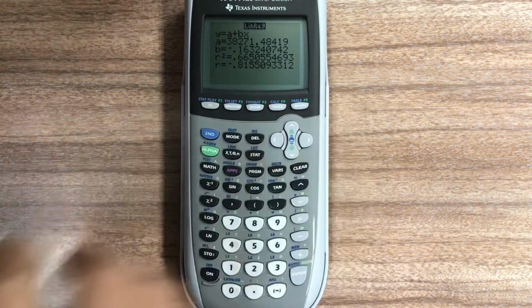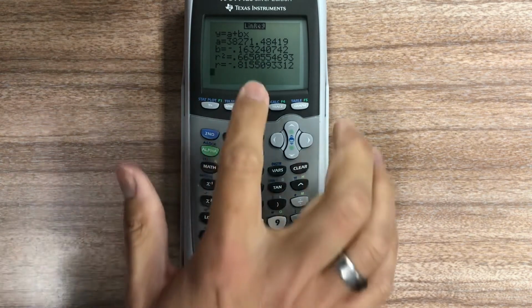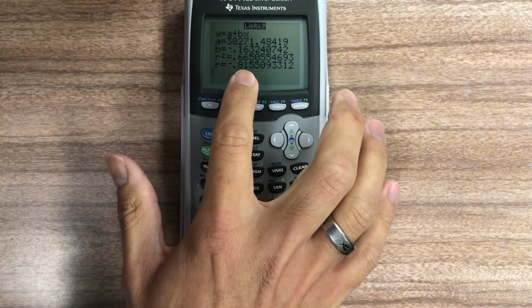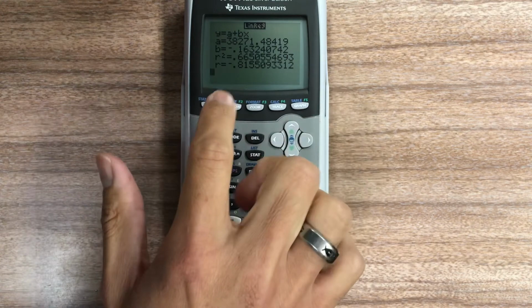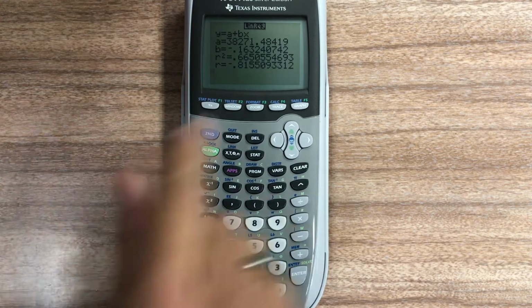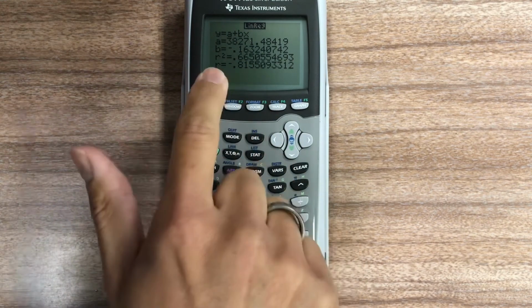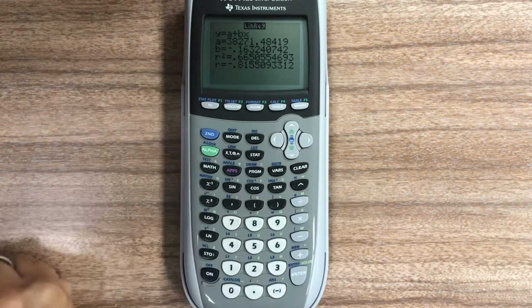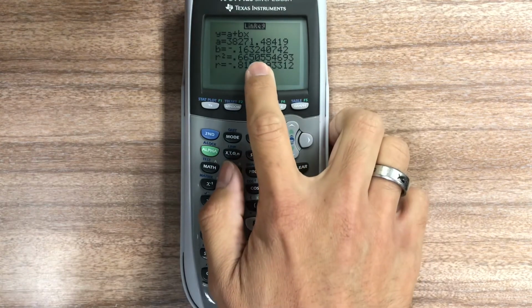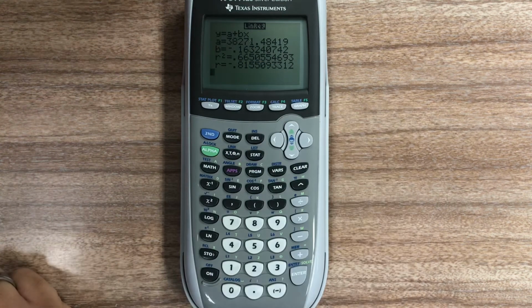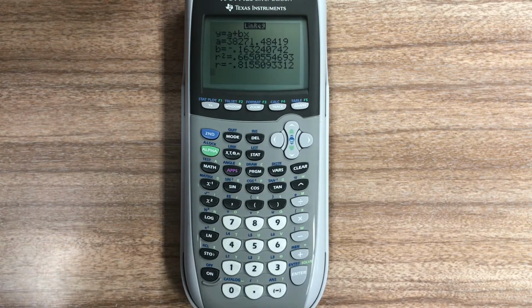That's a decimal that you can turn into a percent. You move the decimal 2 places to the right, and you get 66.5, or you can round to 66.51. So 66.51% of the data can be explained by the least squares regression line.